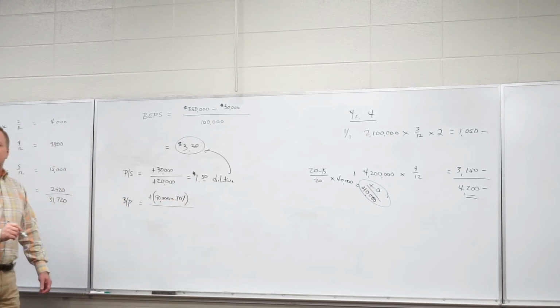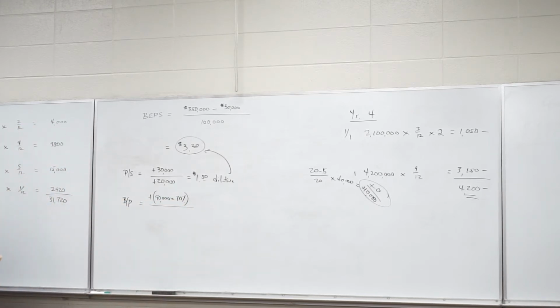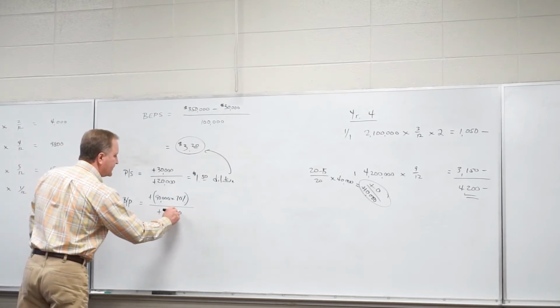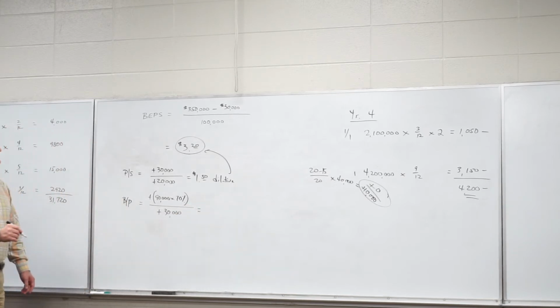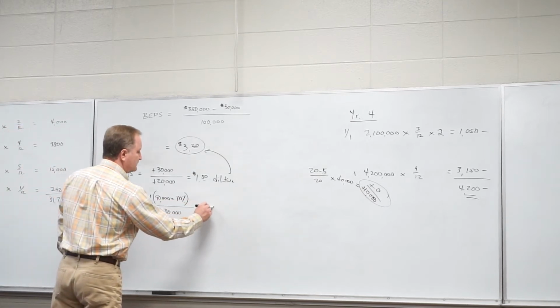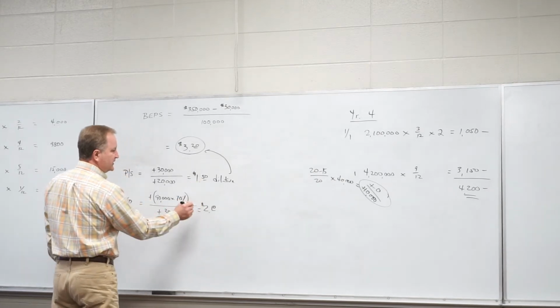And how many shares of common? Is this 30,000? I figured it out. Somebody please take 63,000 divided by 30,000. Is that 2.10? Well, so this would be dilutive as well.